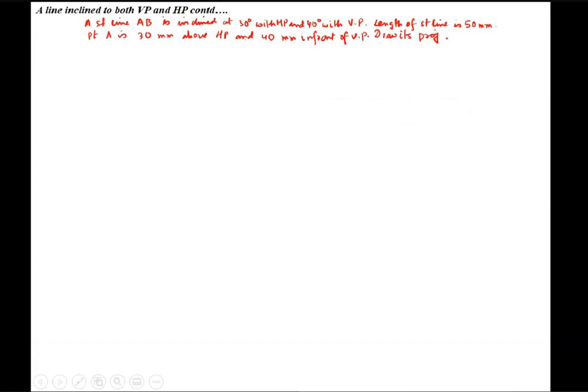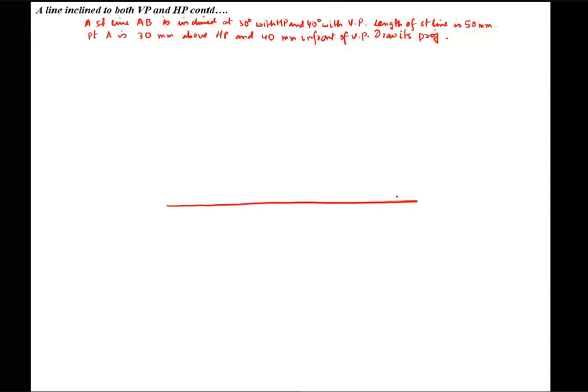Okay. So now coming to this problem. Draw its projection. First I will draw a straight line. This is my XY line. Now I will locate point A. It is 30 mm above HP.